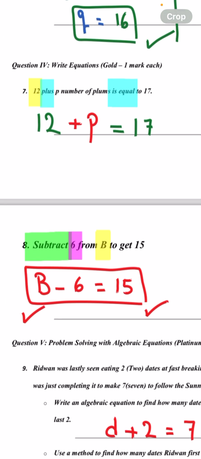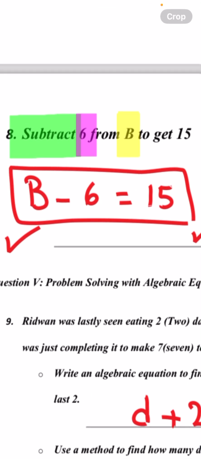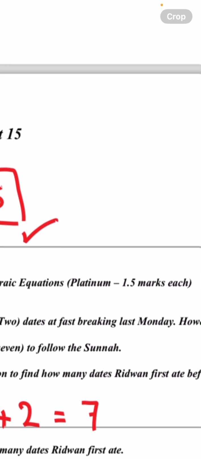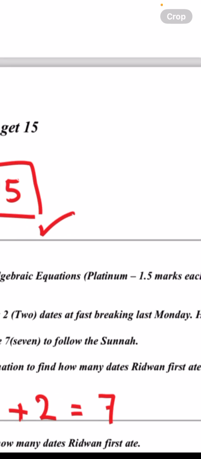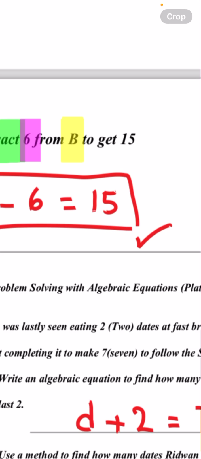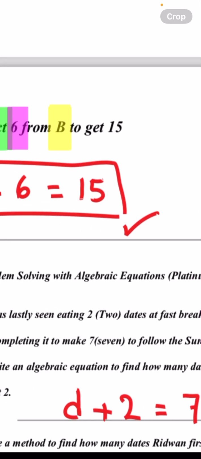Now in this problem solving question, question number 9: Ridwan was lastly seen eating 2 dates at fast breaking last Monday. However, he was just completing it to make 7, to follow the sunnah.